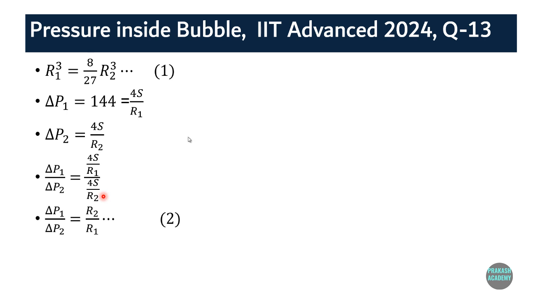The 4S will cancel, so delta P1 by delta P2 is equal to R2 by R1. So this is my equation 2. I know the ratio of R1 and R2 from equation 1 and I know delta P1, so I can calculate delta P2.